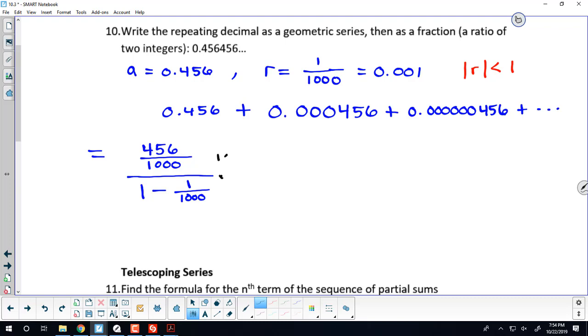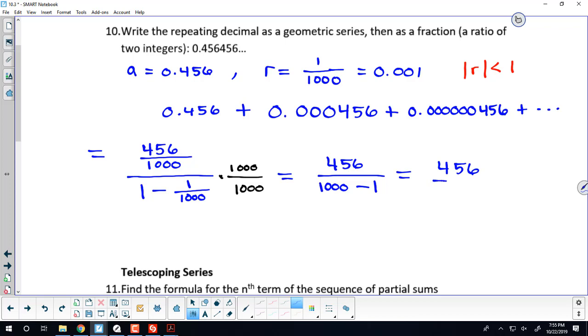And then multiply top and bottom by 1,000. So we end up with 456 over 1,000 times 1 minus 1/1000th times 1,000. So we have 456 over 999.